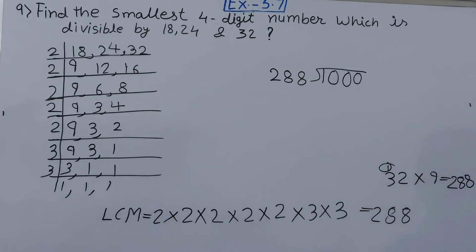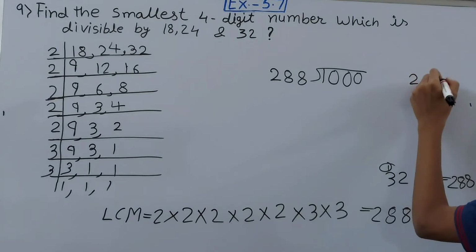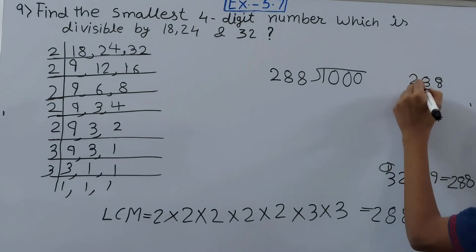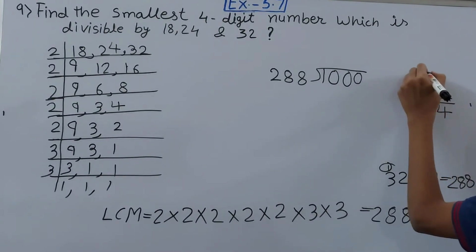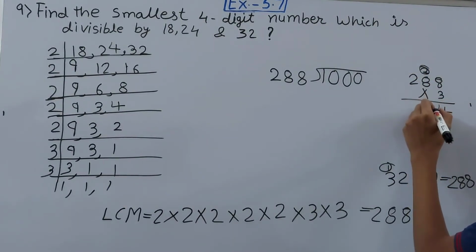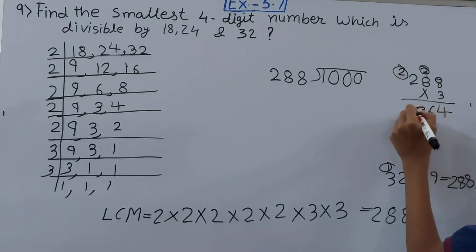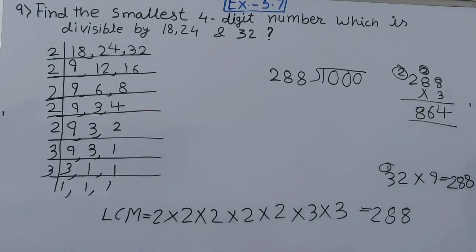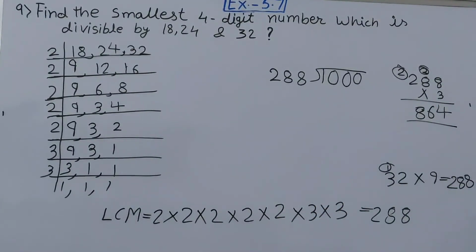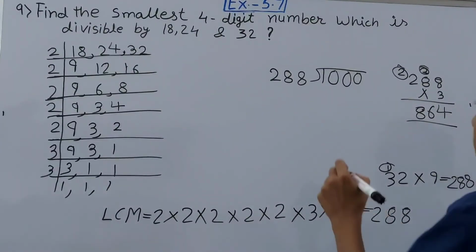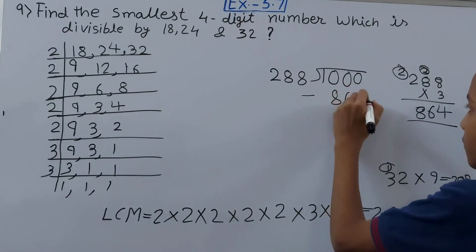So obviously nobody knows the table of 288. So let's check it with 3. Okay. So it is 24, carry, and now it is 26, 2 carry, and that is 8. So it is 864 and 864 comes 3 times in the table of 288. So we are going to now subtract this 864.